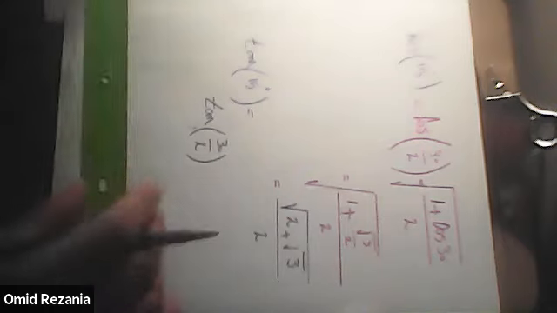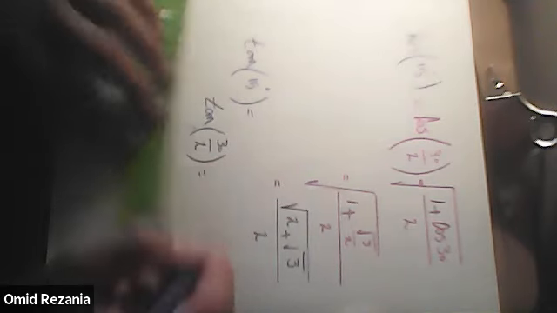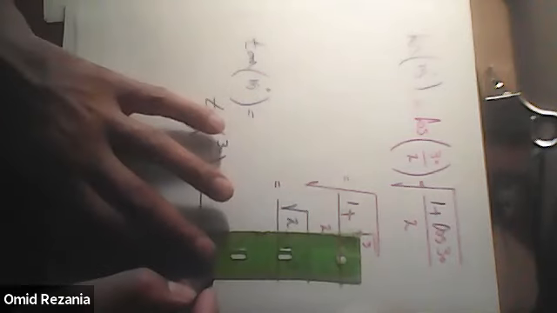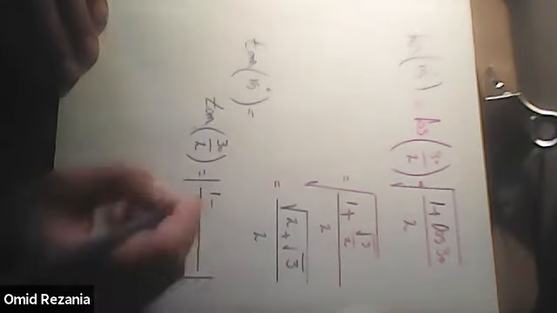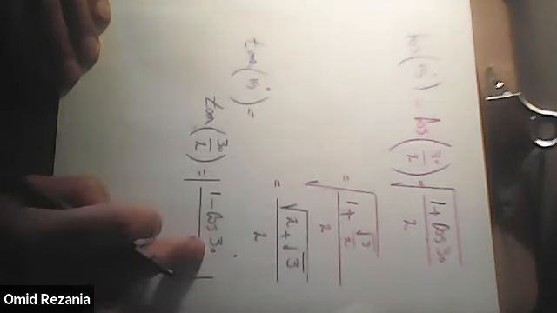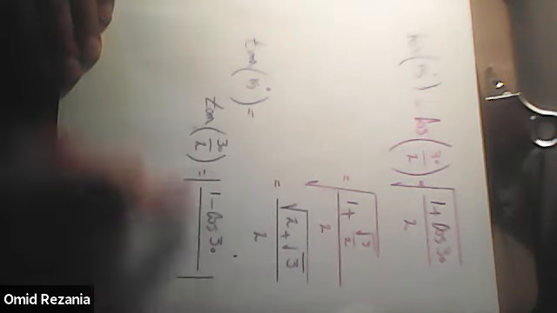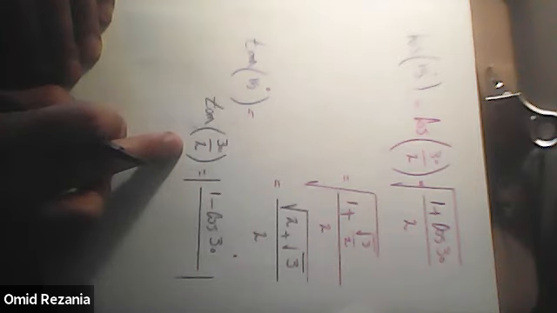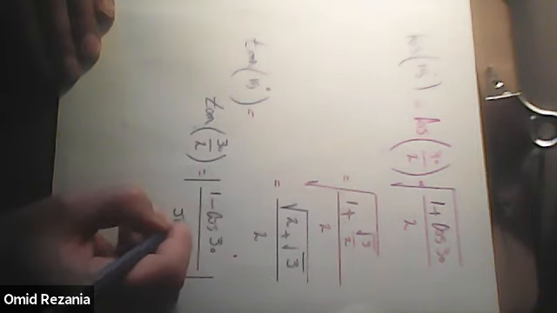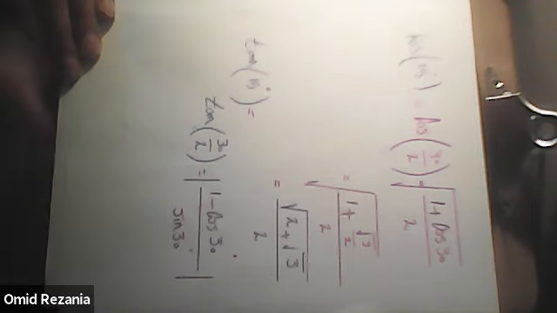It becomes the absolute value of 1 minus cosine of 30 degrees. This is a full angle in contrast to the half angle, and that's the beauty of this identity, divided by the sine of 30 degrees.